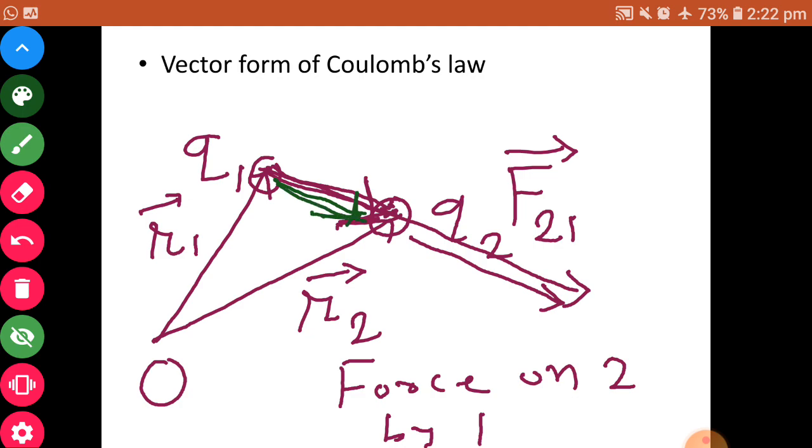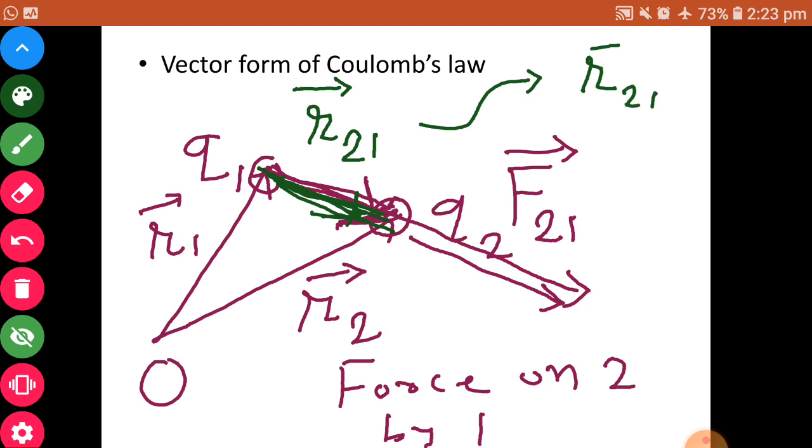To find a unit vector, take the vector upon its magnitude. This vector from 1 to 2, beginning at 1 and ending at point 2, is vector R21. The unit vector of R21 is the vector upon its magnitude, R21.